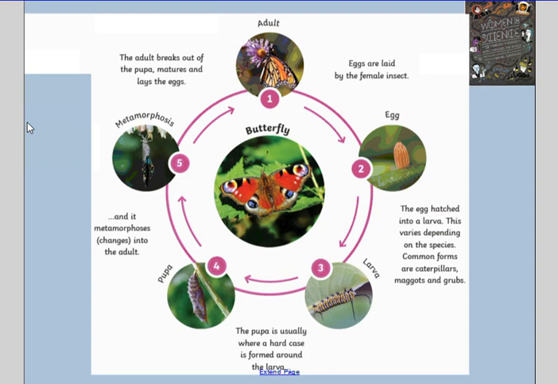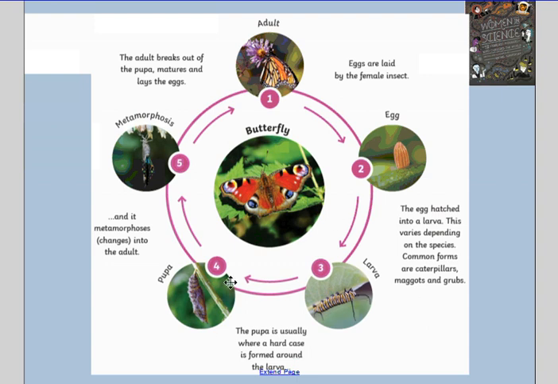If we look at a butterfly, however, this is where we see complete metamorphosis. So the adult, again, starts from an egg. All insects start life as an egg. This time it hatches into a larva, and we know in a butterfly that is a caterpillar. Now, a caterpillar is a completely different form to a butterfly. No similarities there, whereas the dragonfly, we could see the similarities.